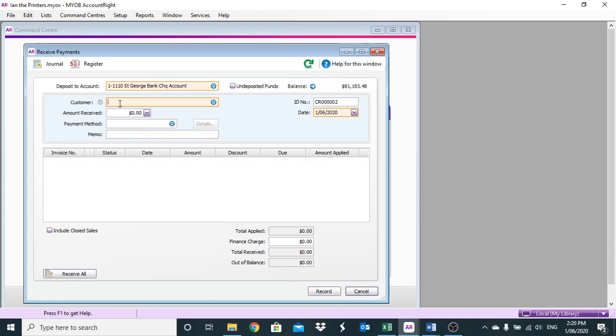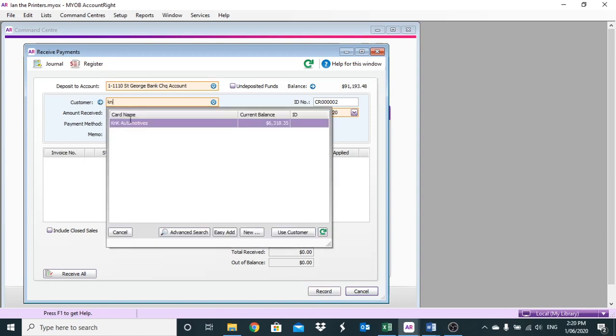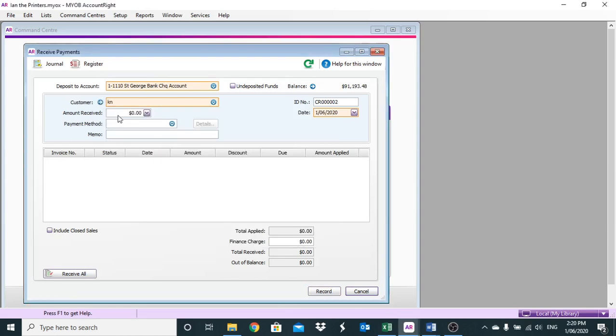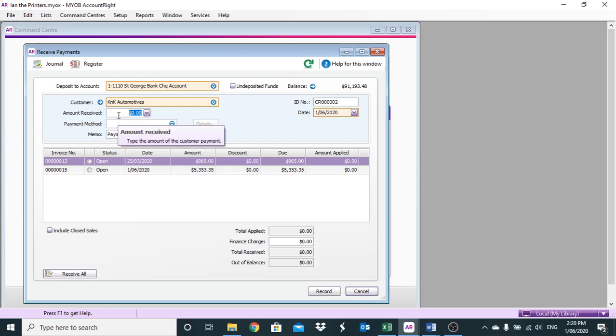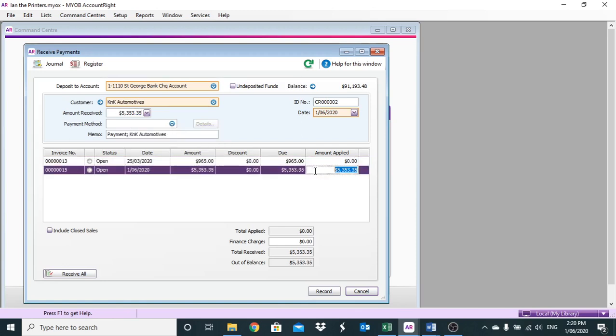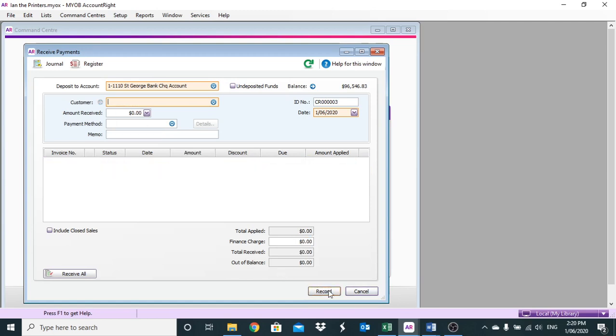I'm going to put the next one in. Okay. This time we've got a payment amount of 5353 and 35 cents. That's for this particular invoice over here. So I'm just going to click on this, and it automatically applies that amount there. I hit tab, record.